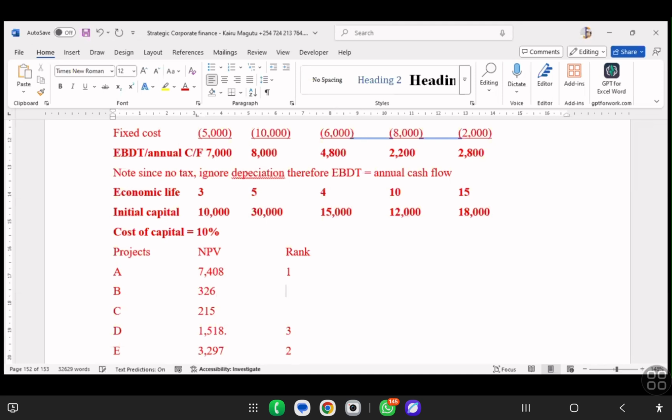B we give number 4. I don't know whether that is correct. And this one we give number 5. Can you confirm that those rankings are correct and your computations are consistent with what we have given? We confirm.